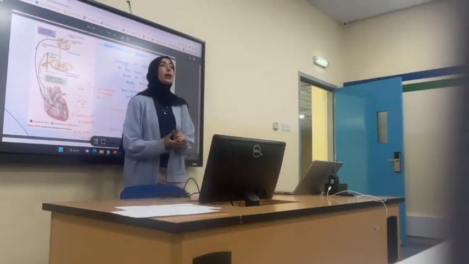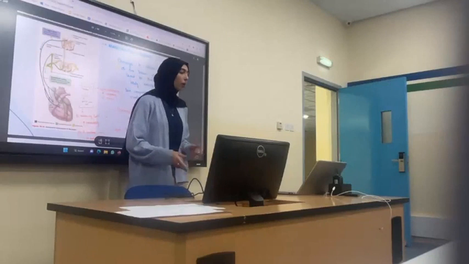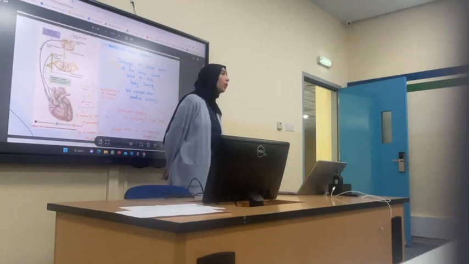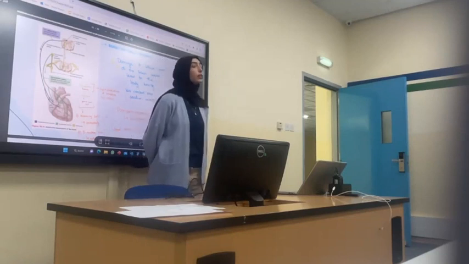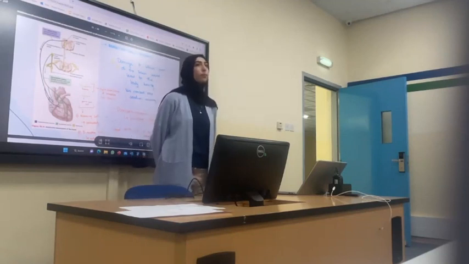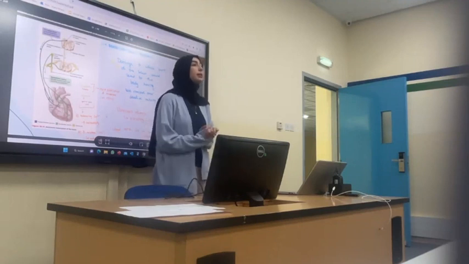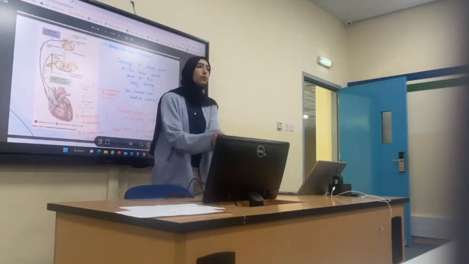How will the sympathetic one act? That's a way, yes, but the main thing is contractility. What affects contractility? Calcium. So we're going to increase calcium inside the cell. As we said, as long as there is calcium, we will have a contraction.